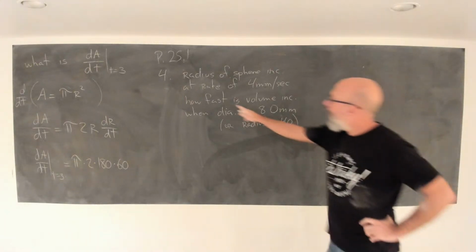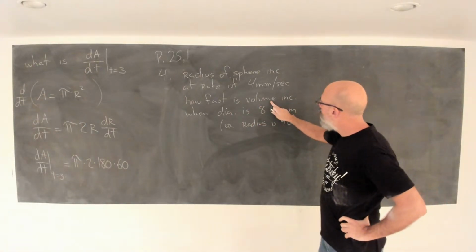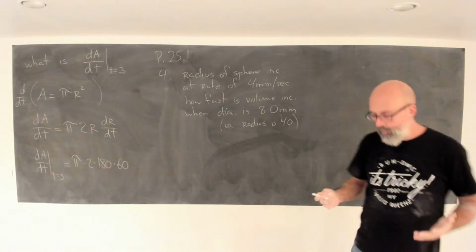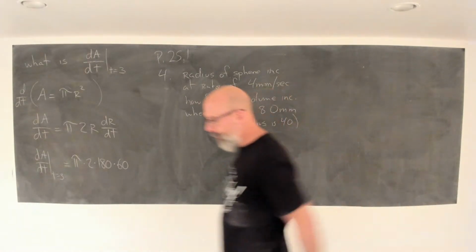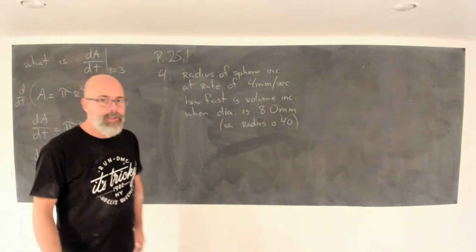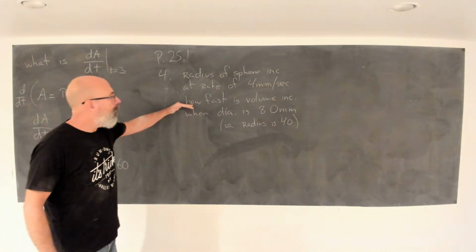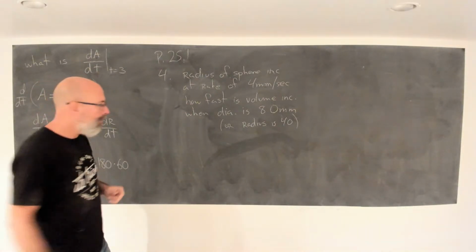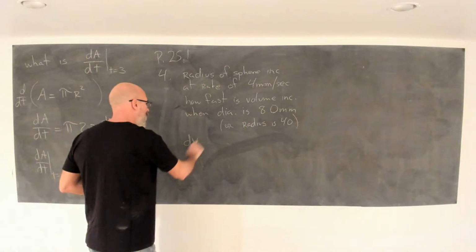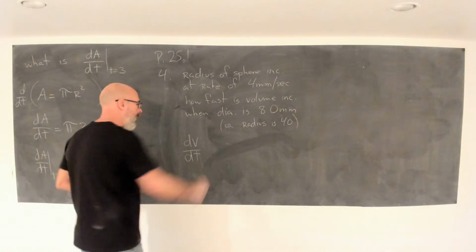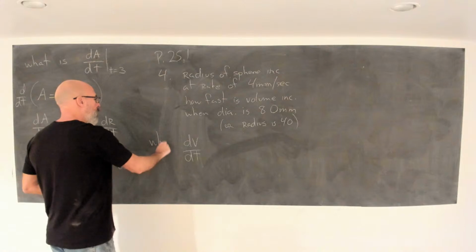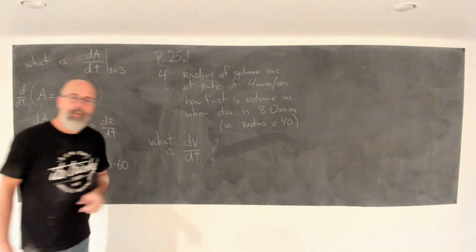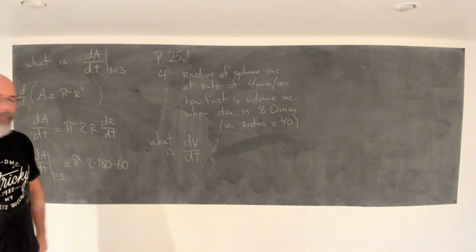And what do they want? How fast is the volume increasing? Right, so first of all, it's important to pinpoint what the question is asking. What does that mean? They want the rate of change of the volume. What is dV/dt? That's what they want.